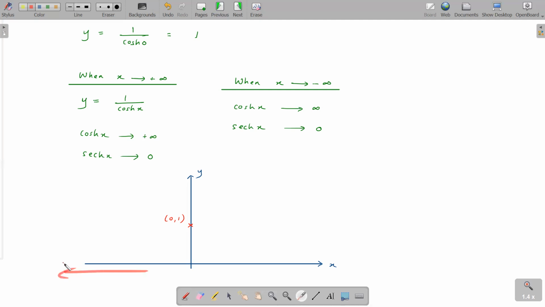So guys, if you think of this, there's only one way to draw a graph so that you can pass through this point and also come close to 0 as x approaches positive and negative infinity. You can use extra points as well to help you see it. So it needs to follow this kind of shape.